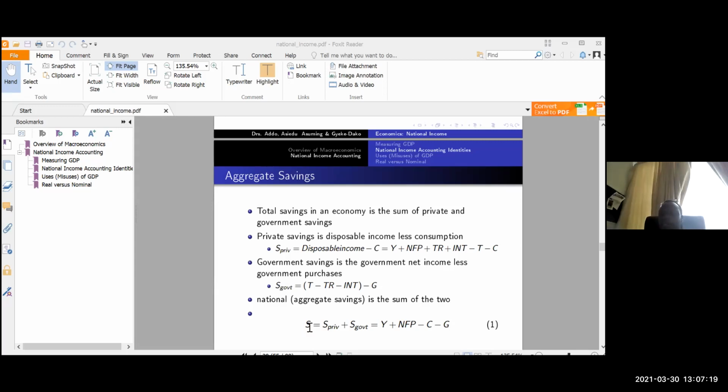Total savings S equals private savings plus government savings.